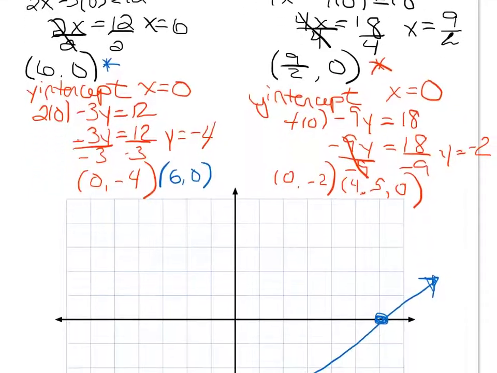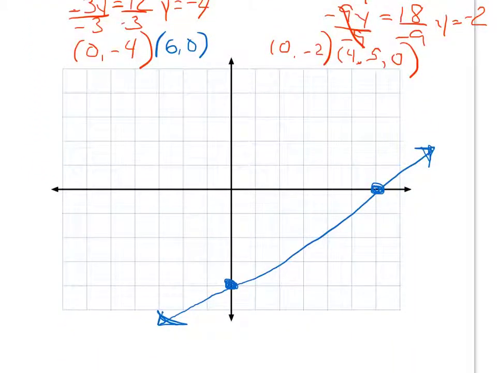Okay, so now I'm going to go ahead and plot those. I'm going to use red for this one, since I used blue for the first equation because I'm going to put them on the same graph. So I'm going to plot 0, -2, so I go over 0, down 2. And there is my y-intercept. And then I'm going to go over 4.5 and up 0. 1, 2, 3, 4, 5, so halfway is going to be about right here.